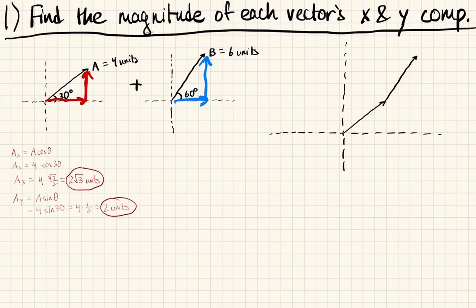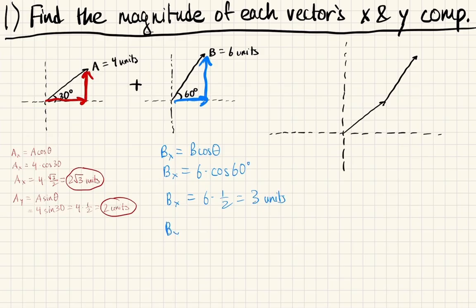Great. Now for vector B, we're going to do the same thing. So the x component of vector B is the magnitude of vector B times cosine of the angle, which in this case is 60 degrees. So that would be 6 times 1/2, gives us 3 units.